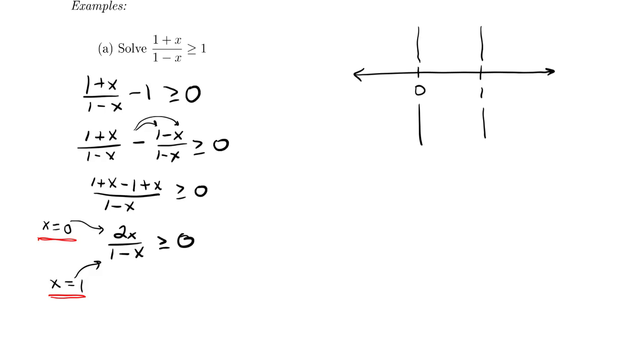So one thing that's true is I'm never going to want to take anything that makes the denominator 0 as part of my solution. So over here, just lightly, I'm going to cross out the 1. That's just telling me that when I pick my solutions in the end, no matter whether it's an or-equals-to or not, I'm never going to pick that as part of my solution.